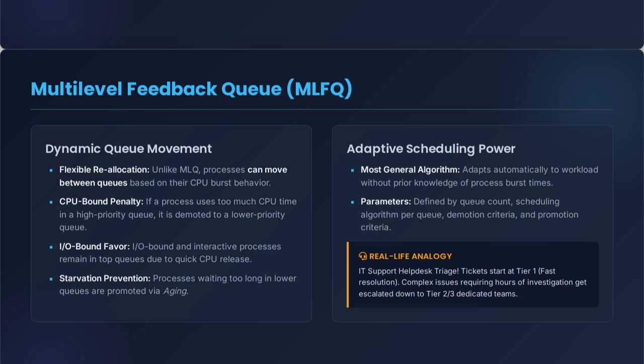Suppose a real-life example. When you call customer service, your call goes to the level 1 support queue. If your issue is complex and takes long, you get transferred to a level 2 or level 3 senior technician, so level 1 remains free to answer calls quickly.